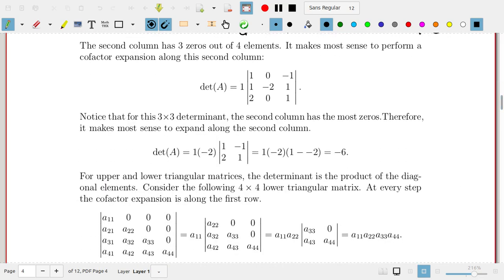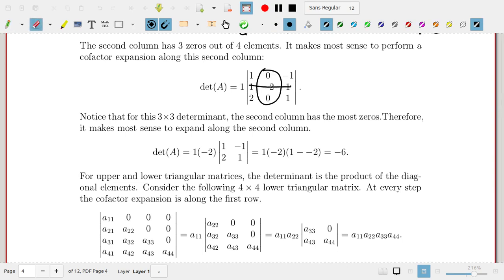To evaluate this 3 by 3 determinant, notice that, again, the second column has 2 zeros in it.